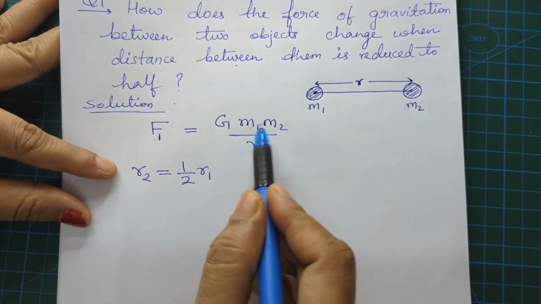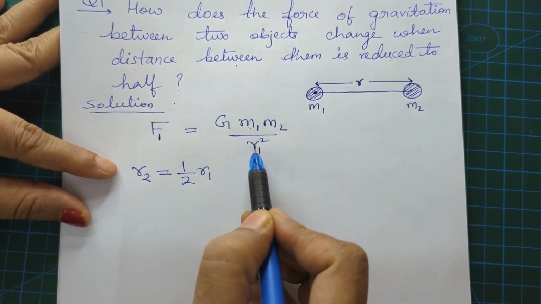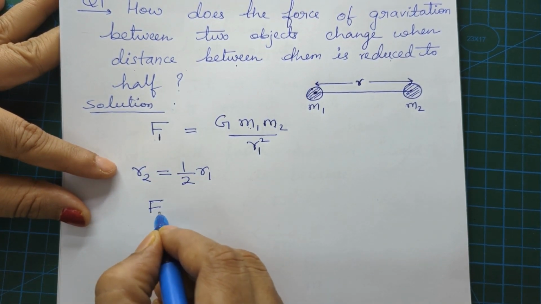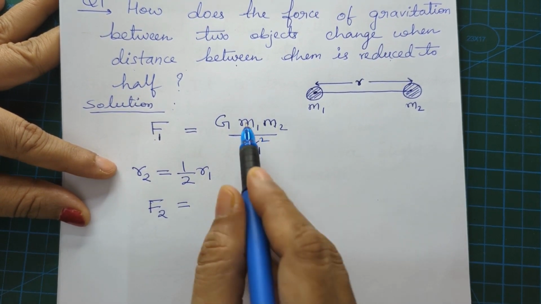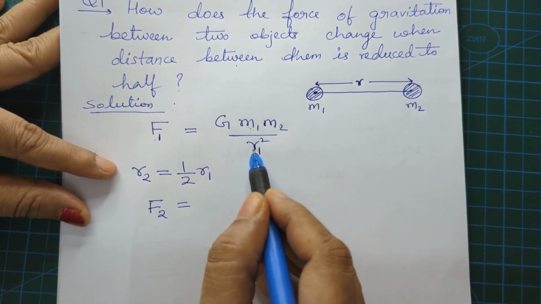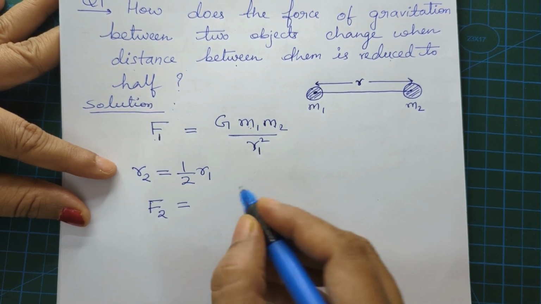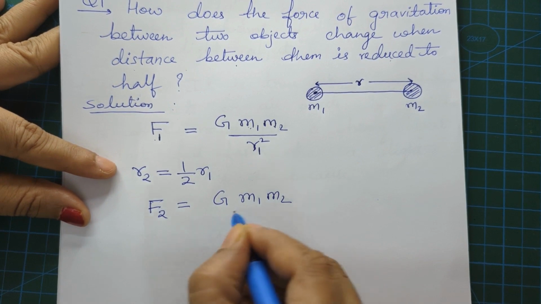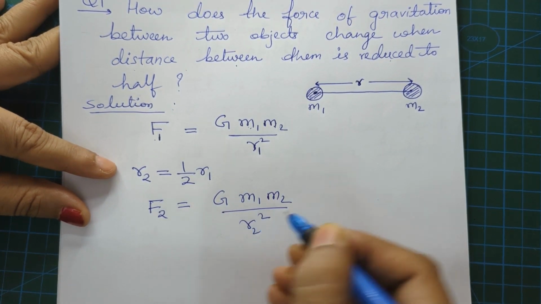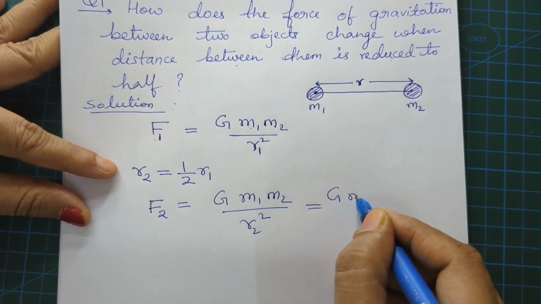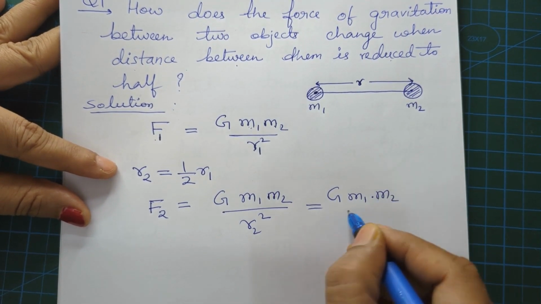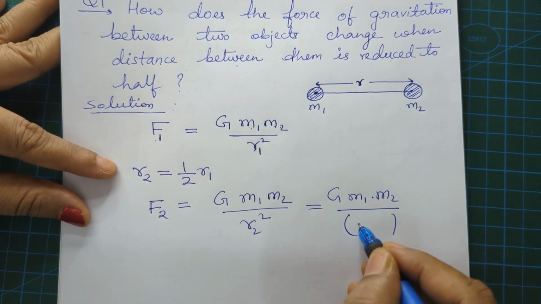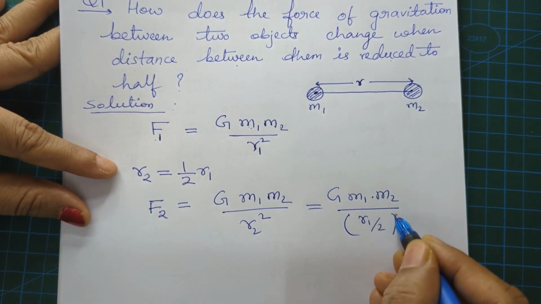If any of these three quantities change, the force of gravity also will change. So the new force of gravity between the masses, when the masses are the same but the distance of separation between them has changed, is calculated as G m1 into m2 by r2 square, and this is G m1 into m2 by, in place of r2 we will write r1 by 2, so r1 upon 2 square.